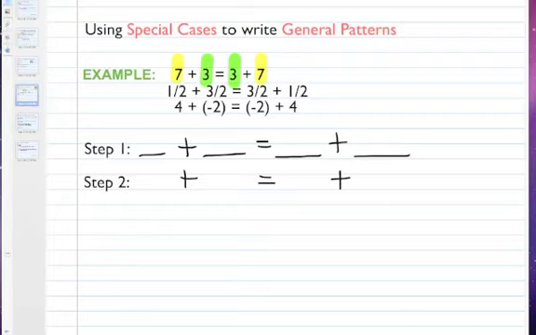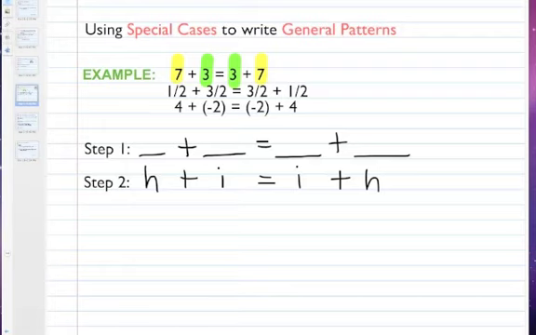So I can assign one variable to the 7. Let's say I assign h. So the 7 came first and the 7 came last. I can assign a second variable to the 3. Let's use an I. The 3 came second in the first part of the equation and it came first in the second part. So h plus I is equal to I plus h.